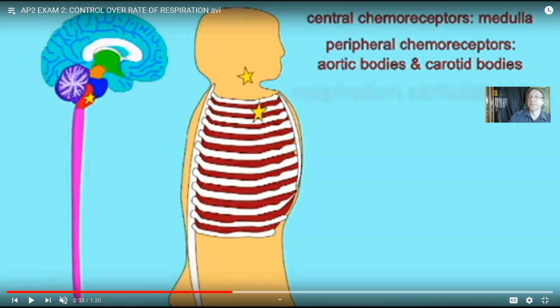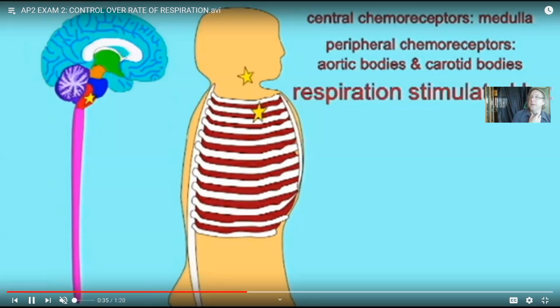For example, in the aorta, and in the place where the common carotid splits to make the internal and external carotid, what are called the carotid bodies. In other vertebrates like frogs, you see a little bulb there. So how much carbon dioxide, oxygen, and acid is in your blood? Well, you actually know this because you're measuring it.